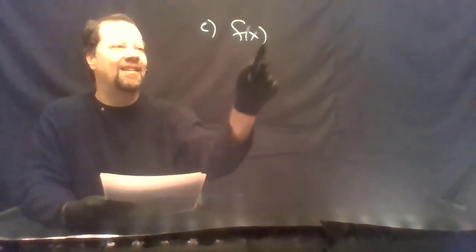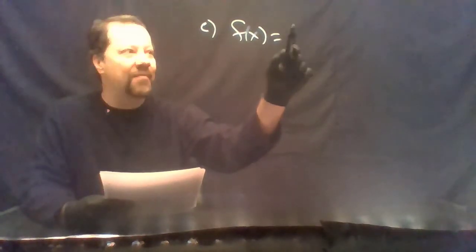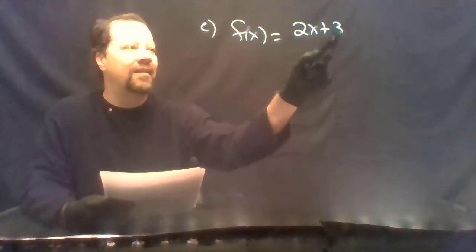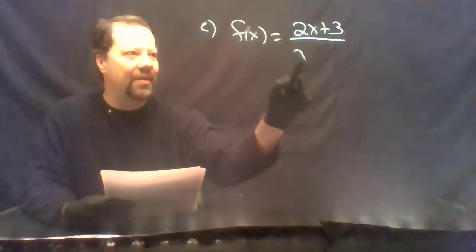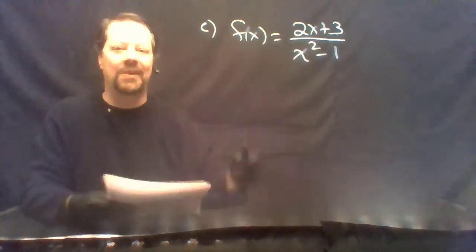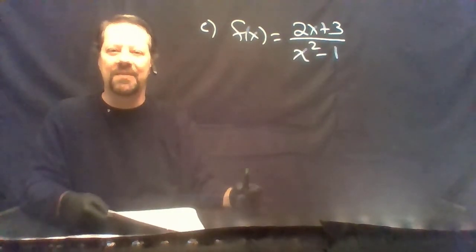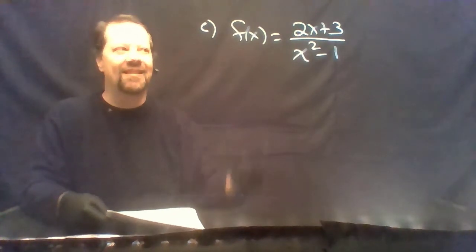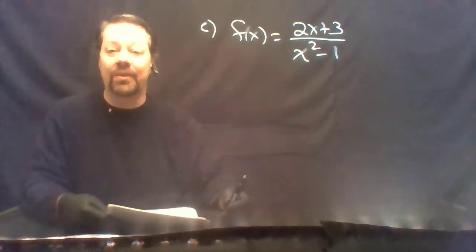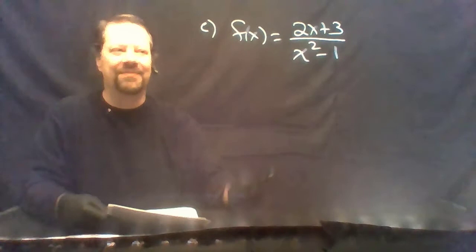On part C, f of x is 2x plus 3 over x squared minus 1. Name the rules. Here we need to implement the quotient rule and the power rule.